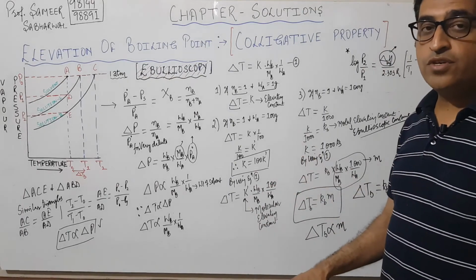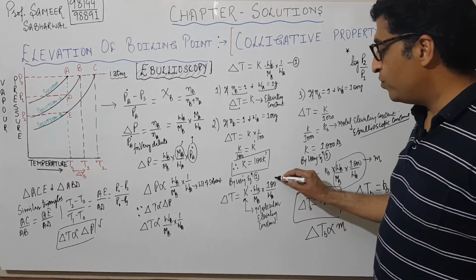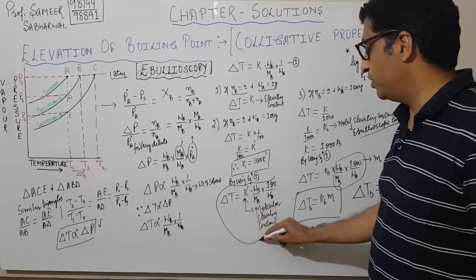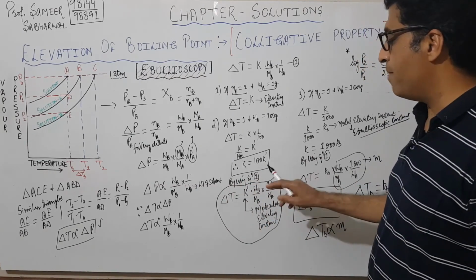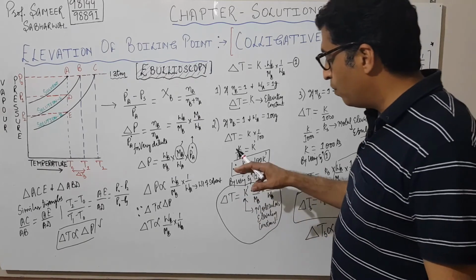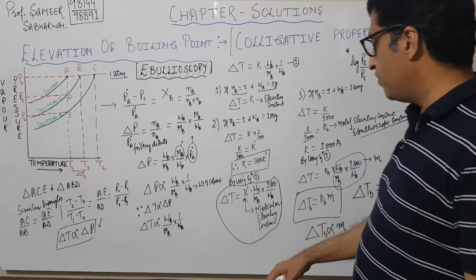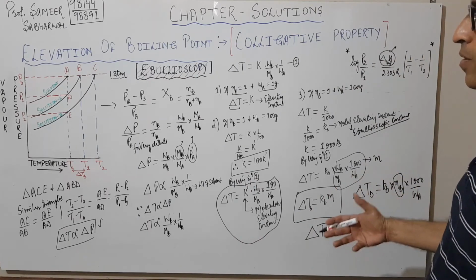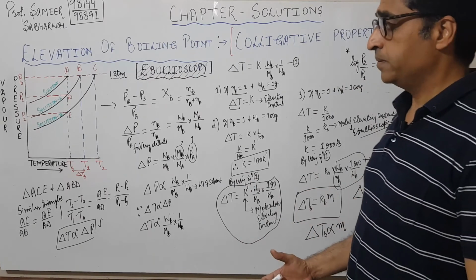If the molecular elevation constant is given, then we will use this equation. You have to be meticulous while doing a sum, whether the molecular elevation constant or the molar elevation constant is given.